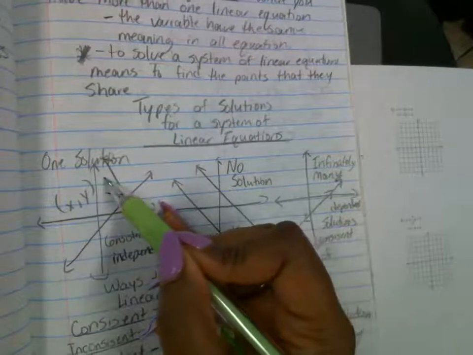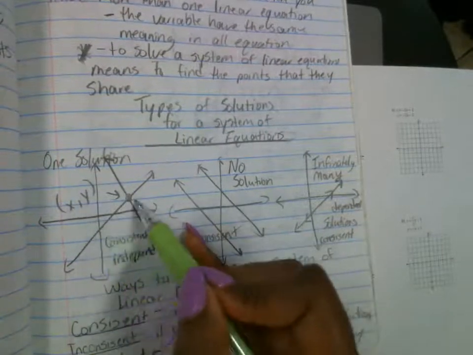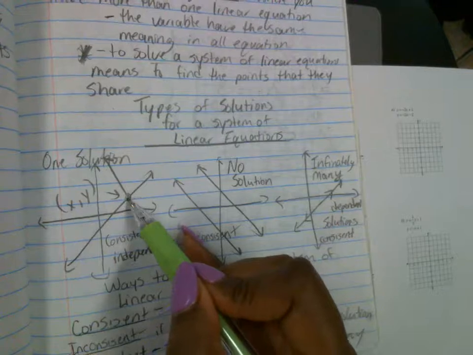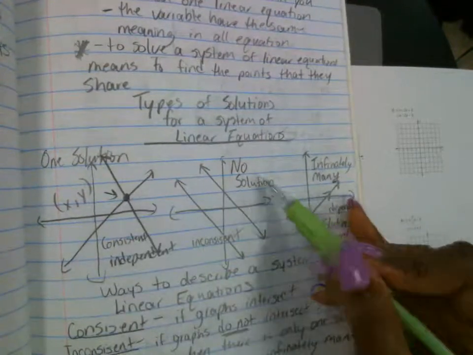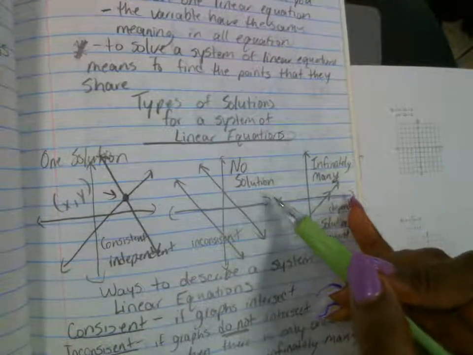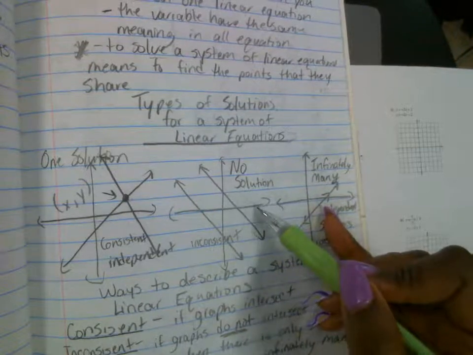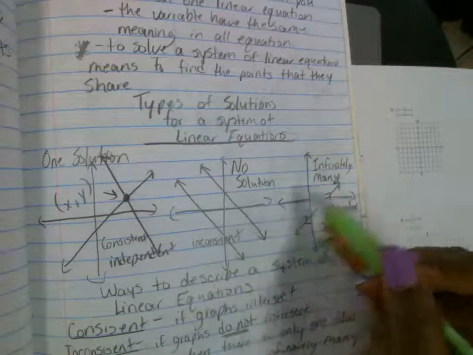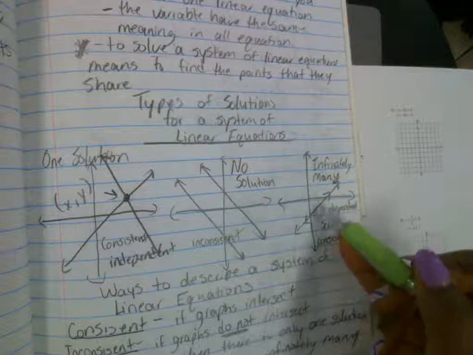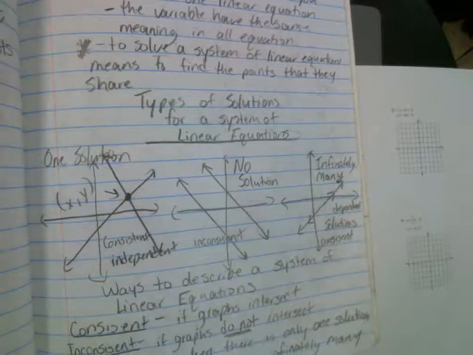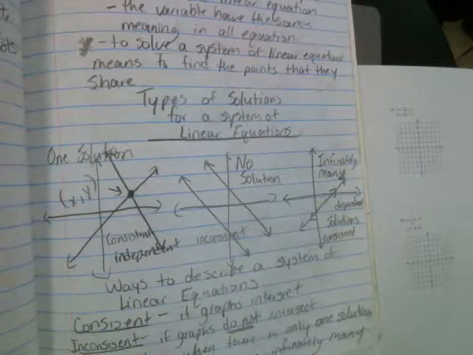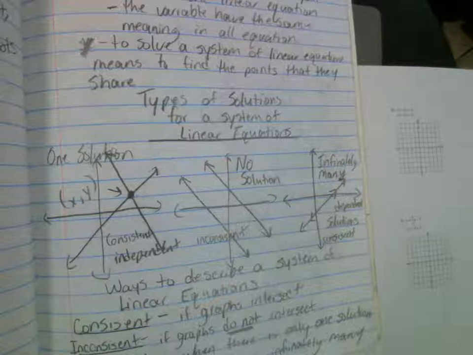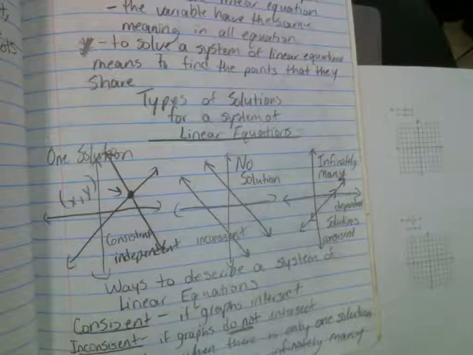If it's one solution, that solution is the point in which they cross each other. If it's no solution, don't say 0. Just say no solution, because they don't cross each other. If it's infinitely many solutions, that means they share an infinite number of points, because lines, by definition, never end. Any questions?